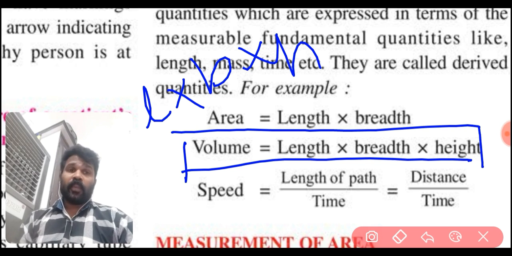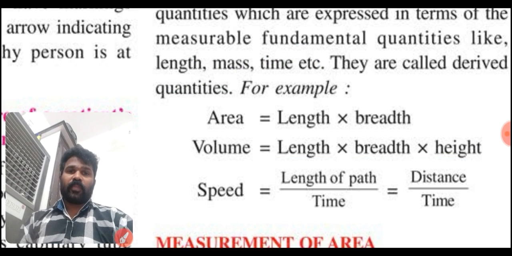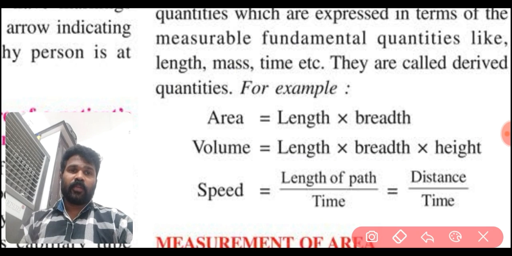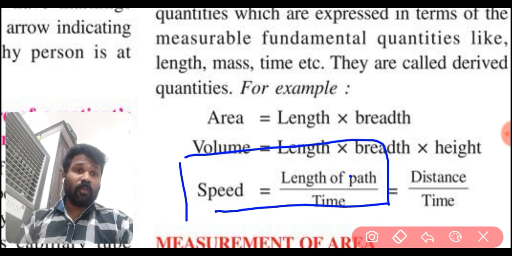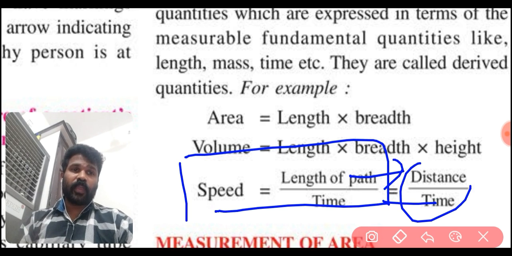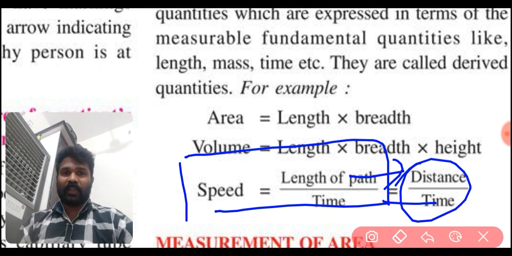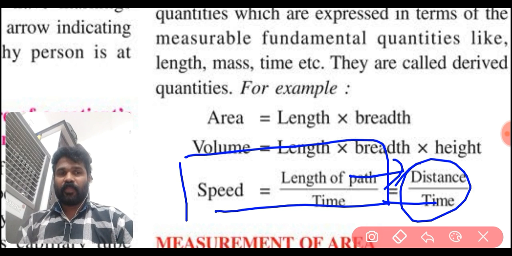Clear? Now, speed. How to find out speed? Speed is equal to length of path upon time. Length of path means distance upon time. Okay, the equation to find out speed is distance upon time.